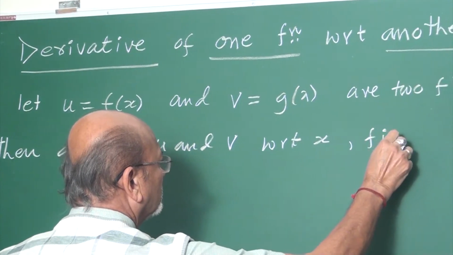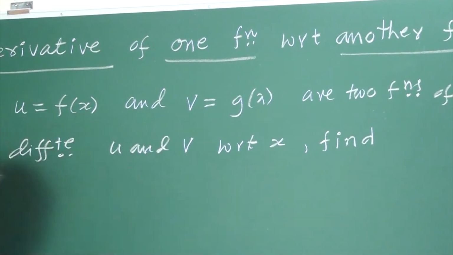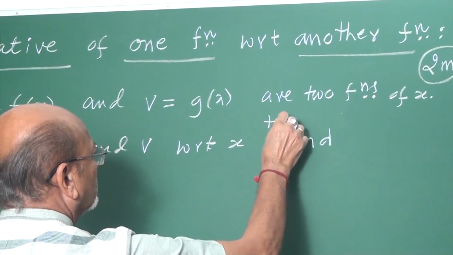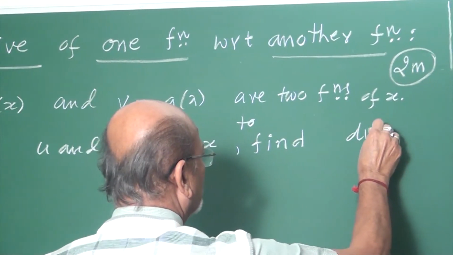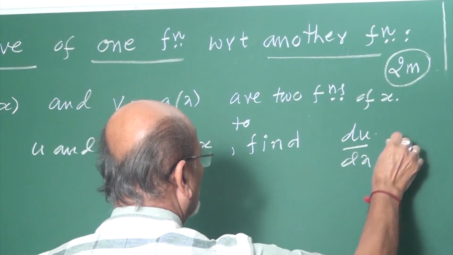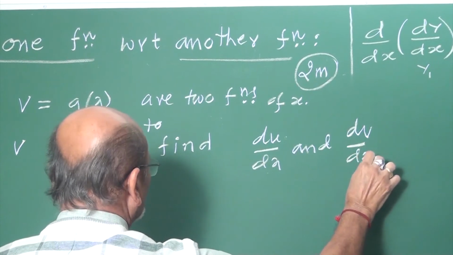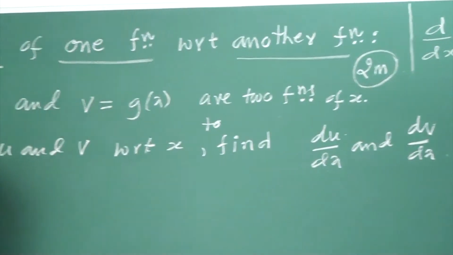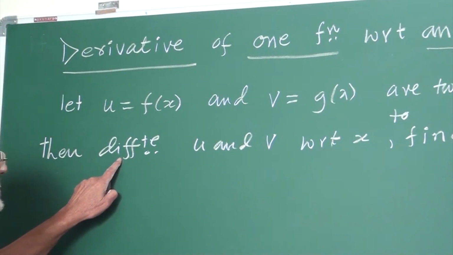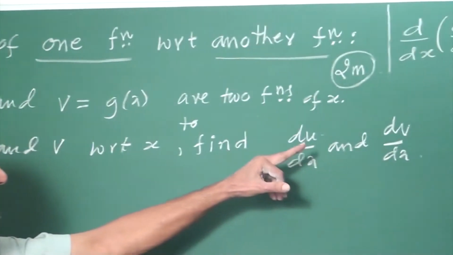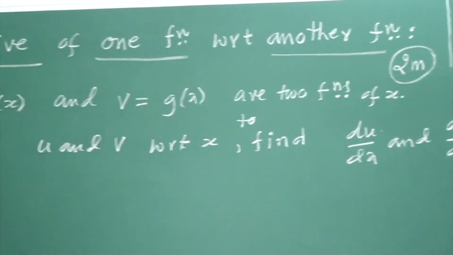To find du by dx and dv by dx. Yes, my friend. Why do you have to differentiate? You have to differentiate both u and v with respect to x to find du by dx and dv by dx. Yes, my friend.